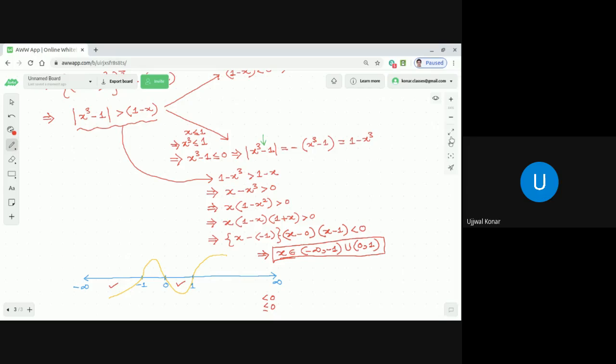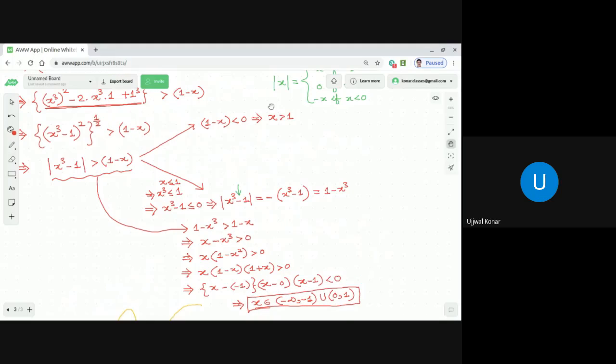And another solution we got, when 1 minus x is less than 0, is x greater than 1. We should merge these two solutions.